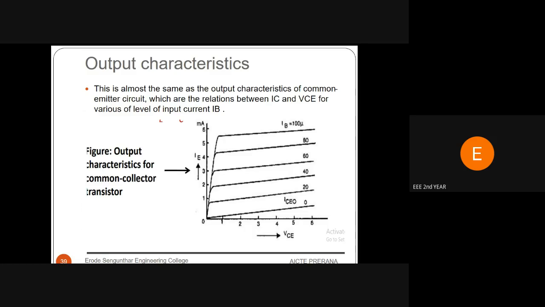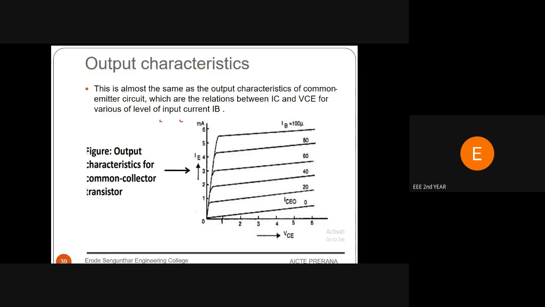This characteristics is similar to common emitter configuration output characteristics. Figure shows the output characteristics of common collector configuration. The output characteristics is drawn between output voltage VCE taking x-axis, output current IE taking y-axis for various value of input current IB.